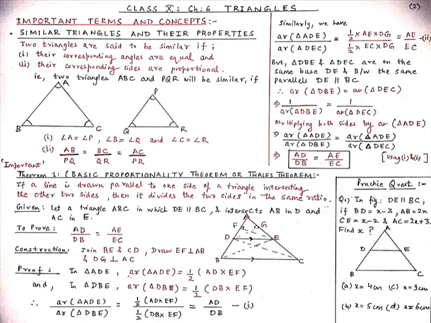Similarly, in triangle DBE, the area of triangle DBE is equal to half base DB into height EF, as the corresponding height remains the same. So when we take the ratio of area of triangle ADE upon area of triangle DBE, it is equal to half AD into EF upon half DB into EF. So from here we get AD upon DB.